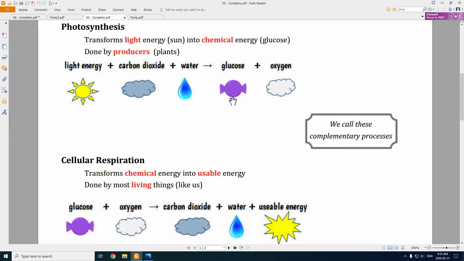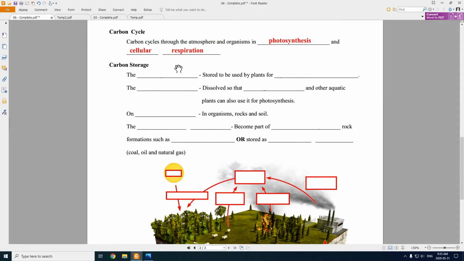A sugar molecule has a bunch of carbon atoms in it. So that's how that carbon is going from the atmosphere into plants, into a solid.